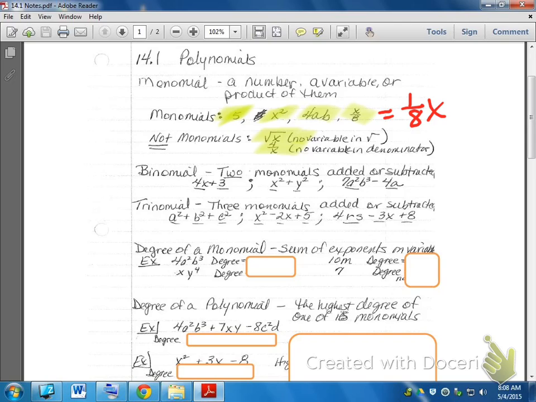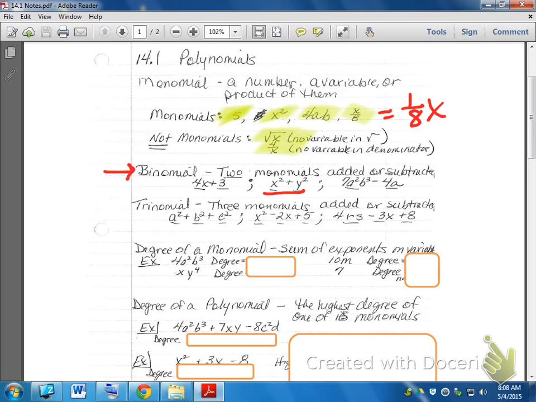Now, monomial, mono means one. So it is one term sitting there by itself. Once you add a term or subtract a term, it becomes a binomial. Binomial means two. It's two monomials added or subtracted together. So see, 4x plus 3. Individually, those are monomials, but since you add them, there's two attached together, they're called binomials.